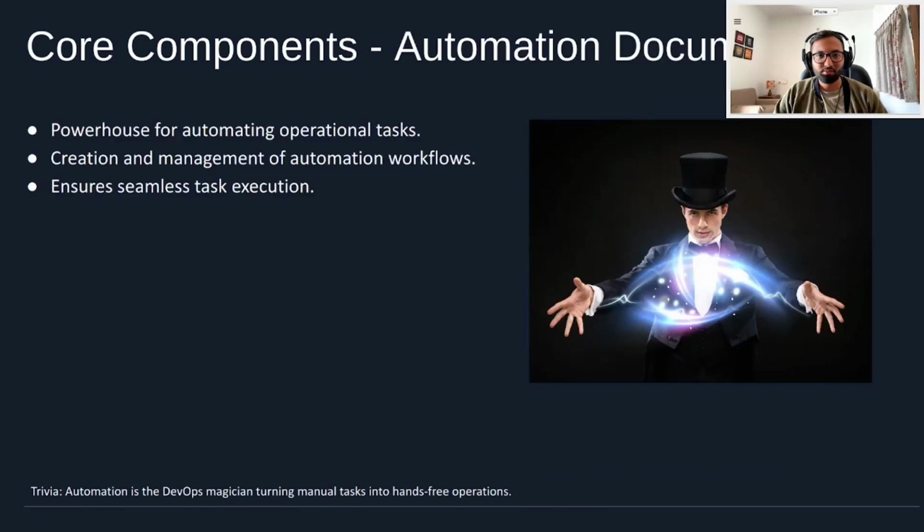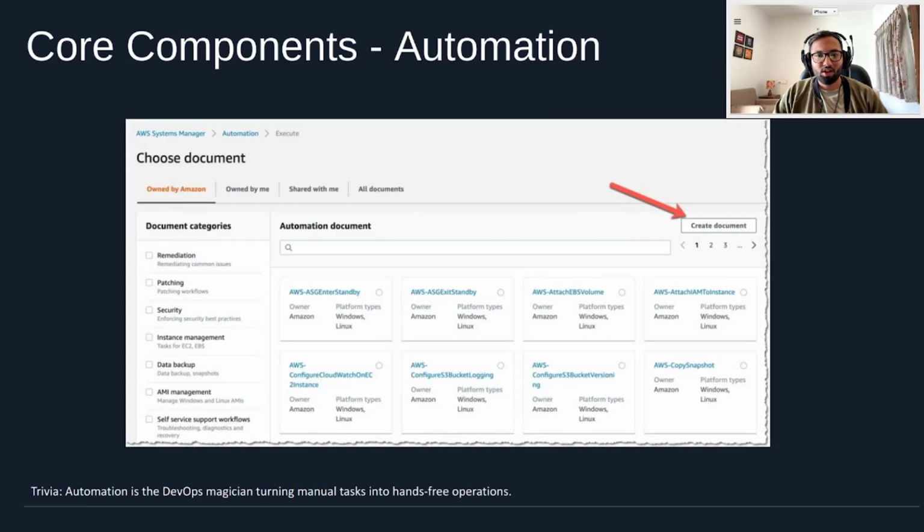Next component is Automation document. Think of Automation document as a DevOps magician, turning your manual tasks into hands-free operations. This is a powerhouse for automating your operational tasks, creation and management of automation workflows, ensuring seamless task execution. If you take a look at this screenshot here, create document.